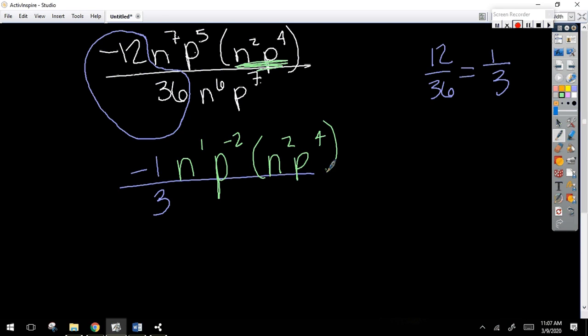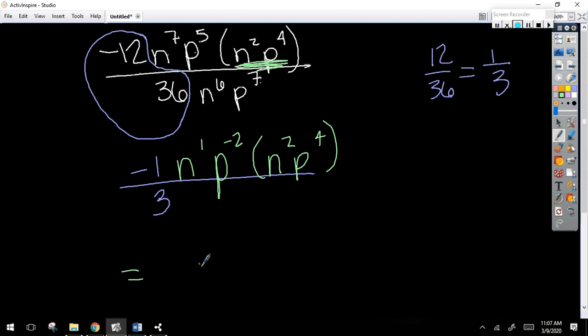Now, if you combine the numerator first, and that's probably the way I would have gone with it, but I'd really like for you to see that there's not a right or wrong way here. If you combine the numerator at the top first, then you could subtract the exponents and move on. But we subtracted first, and now we can combine the exponents up here.